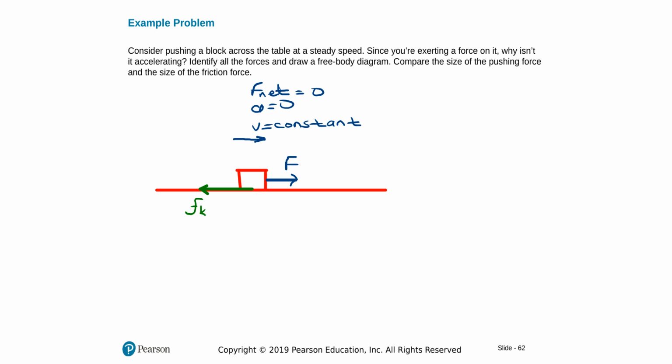Additionally, I know there is always the weight of the object. I'm going to show it from the center downward. This is the weight, and I'm going to call that mg. I just like replacing weight by mg. And there will be a normal force, upward normal force.